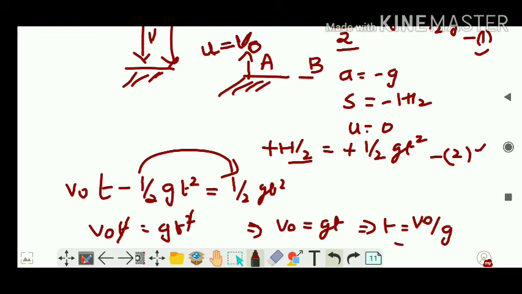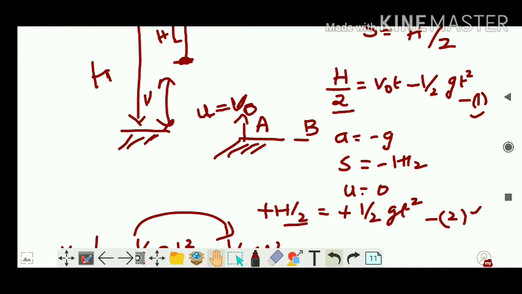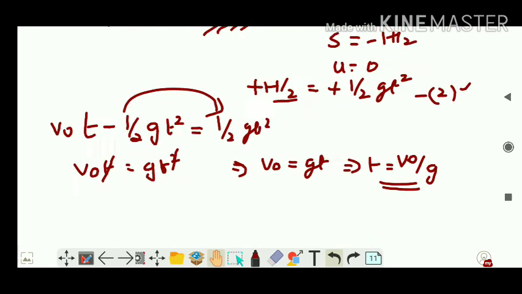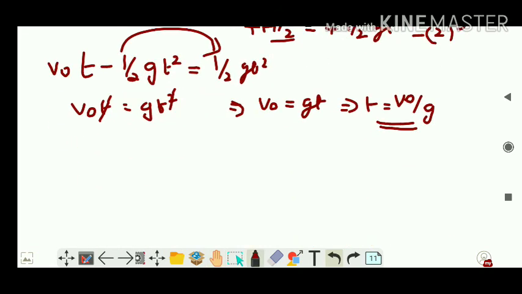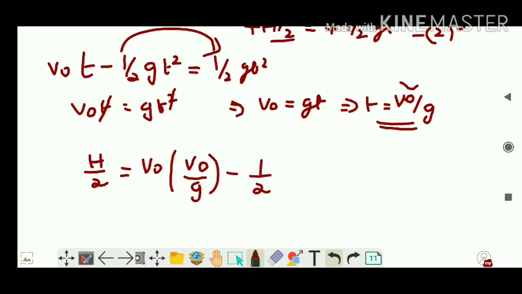Now I'm going to substitute this value of t in the first equation, because you want to find the value of v naught. So h by 2, in the first equation, is equal to v naught into t, so v naught times v naught by g, minus half g times v naught by g whole squared.